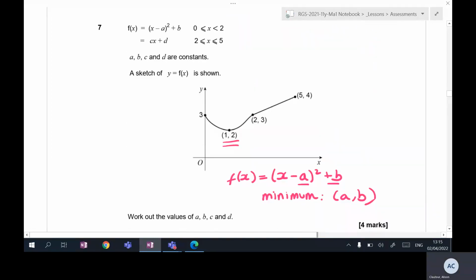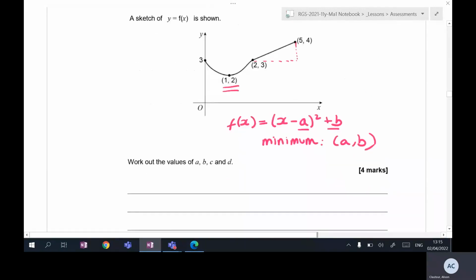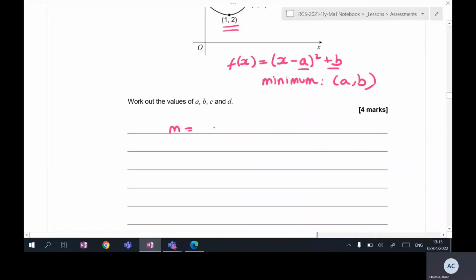For the linear part of the graph, it's basically asking you to find the equation of this line. So if we work out the gradient, remember the gradient is the change in y over the change in x.